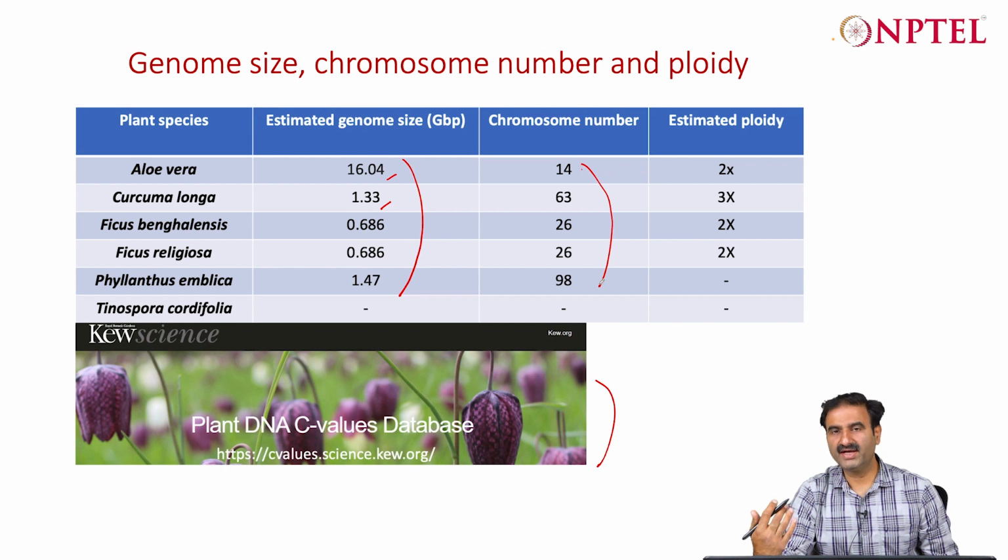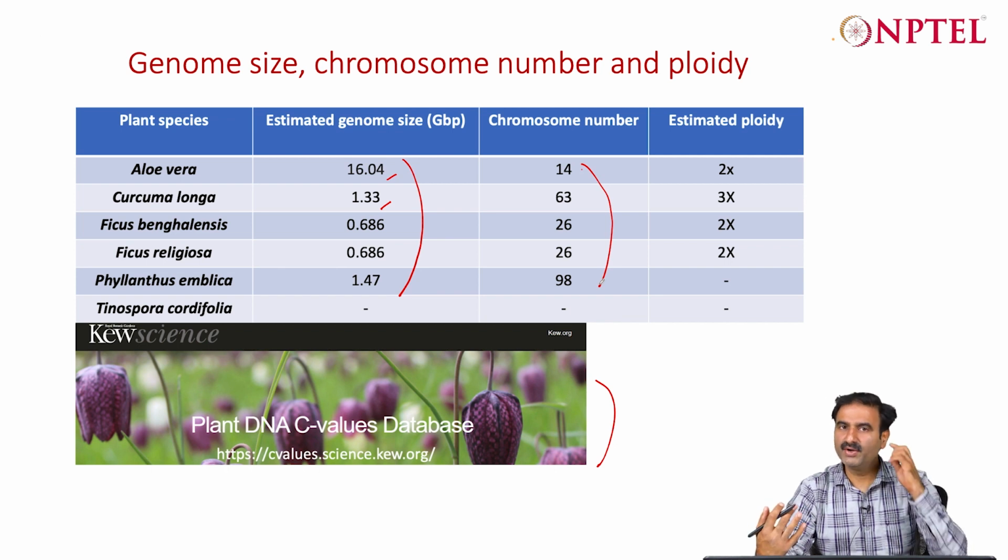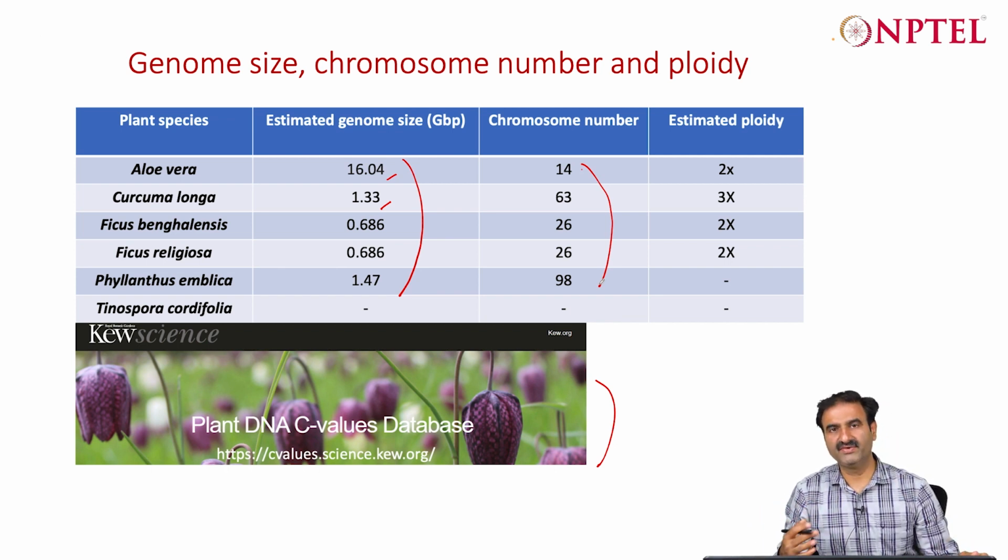And it is not that what you will actually get will match the plant C-value database, right, or the literature reports, because those have used indirect methods to estimate the genome size or number of chromosomes. But what you are doing is a direct method, sequencing and basically reconstructing the genome, so your values will be more reliable.